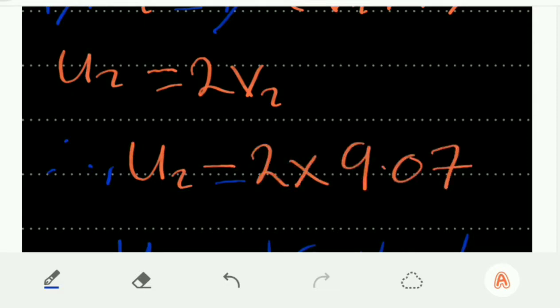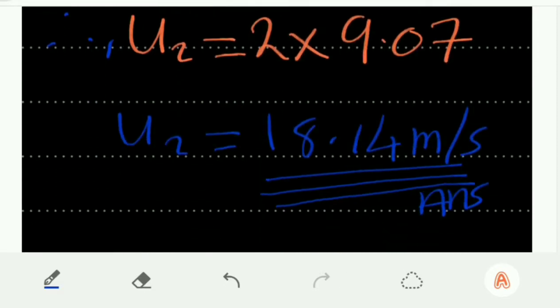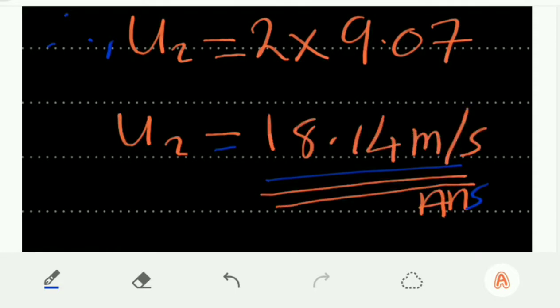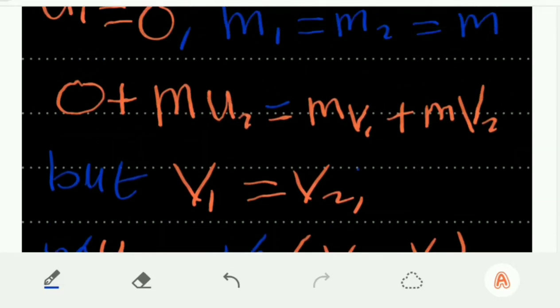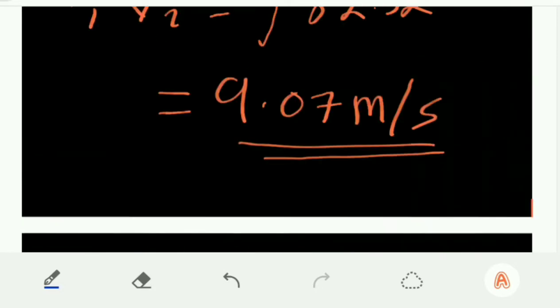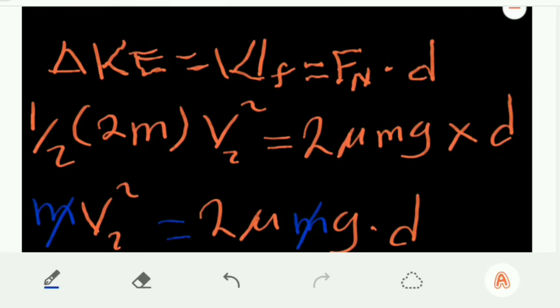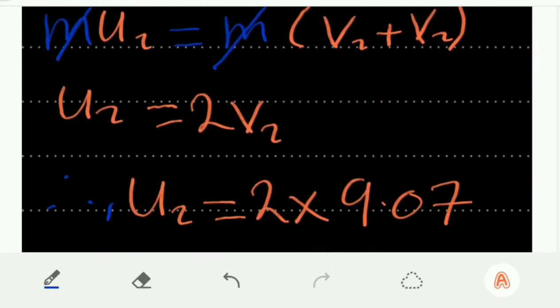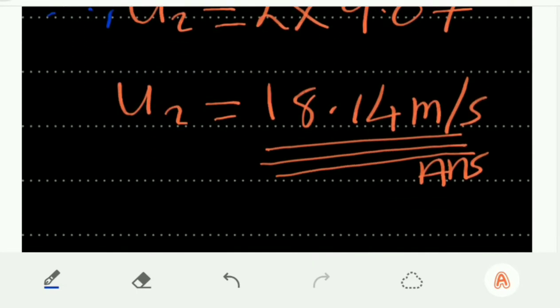Finally we solve and we're going to get 18.14 meters per second as the initial speed of the second vehicle. You have to consider the change in the energy there. We know that these objects are moving, so you also take into account the energy changes, and then you also consider the momentum of the system. So that was on question 1.